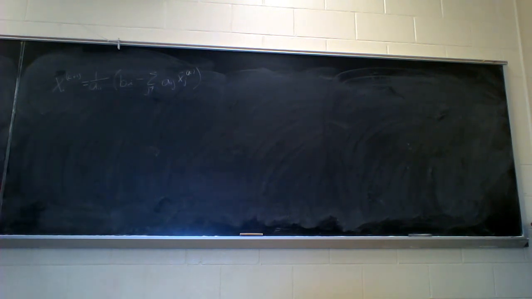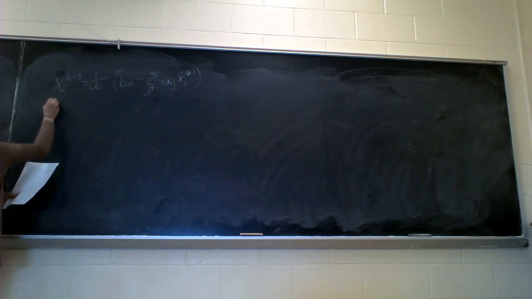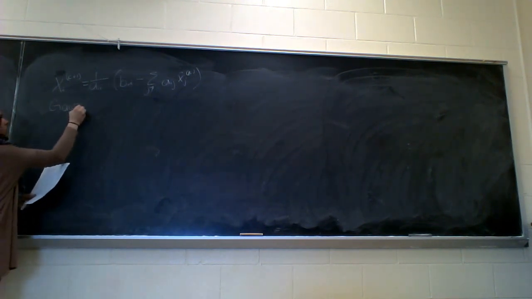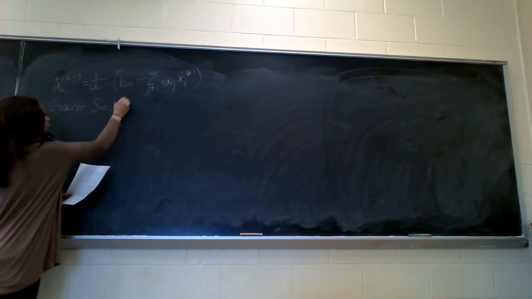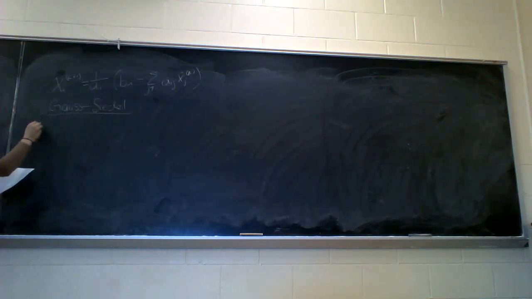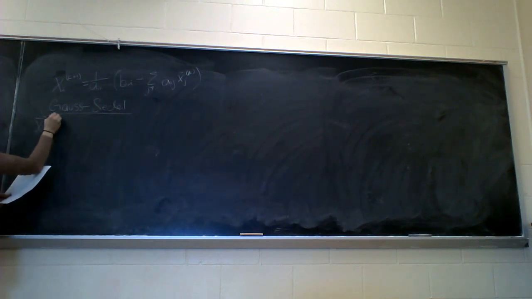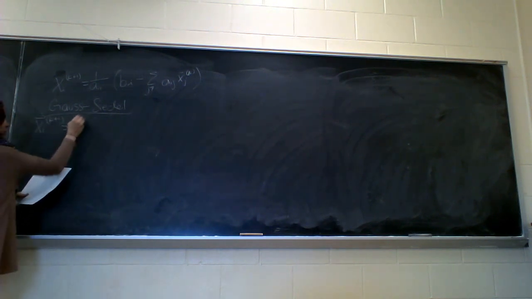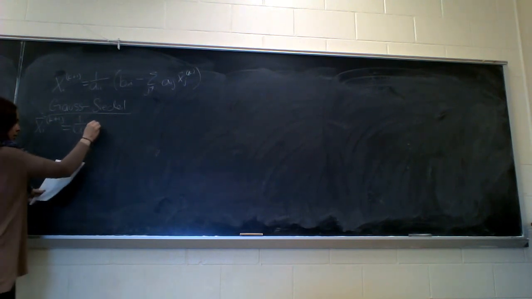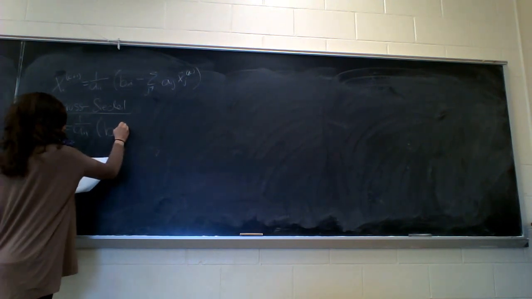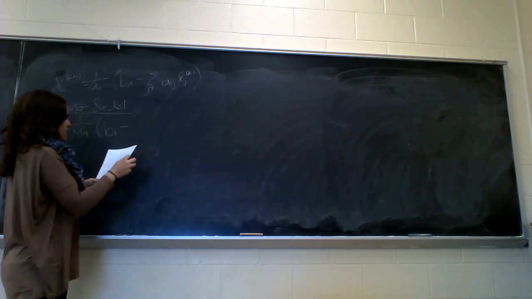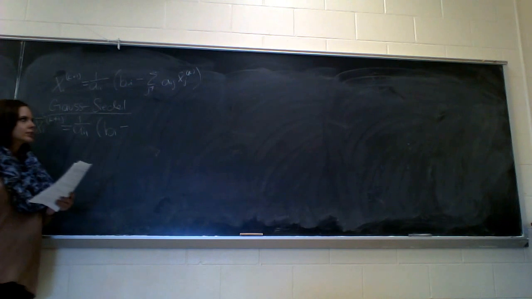By modifying the Jacobi method, Gauss-Seidel actually uses the most up-to-date information available. So for Gauss-Seidel, if we start with 1 over a_ii times b_i minus, we take this and split it into two different sums.